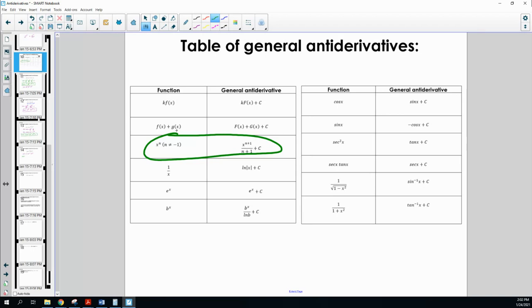If we increase it by 1, we get 0 as the power. So whenever that happens, this is really going to be using this one, right? Because if I have x to the negative 1, that is the same thing as saying 1 over x. So when I have 1 over x, the antiderivative is the ln. So we always want to make sure that we pay attention to that.